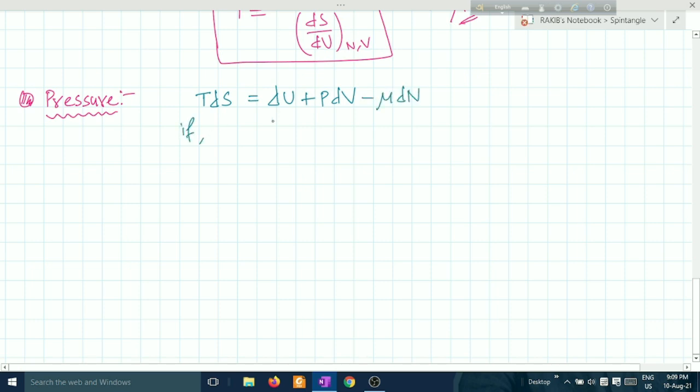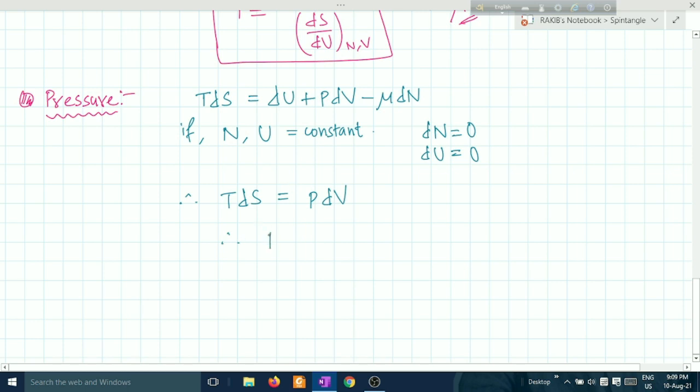If the number of particles and internal energy remain constant, then dN becomes 0 and dU becomes 0. Therefore, from the above formula, TdS equals only PdV.